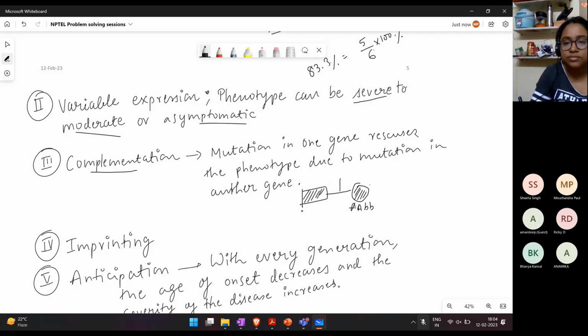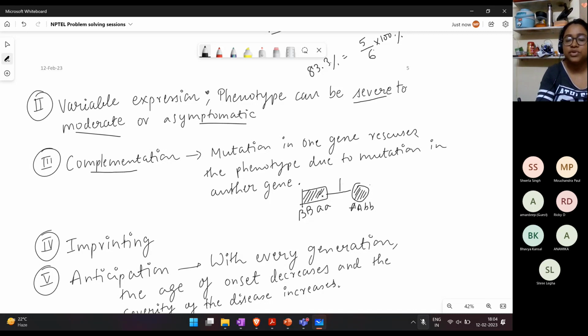He also has a particular disease, but the mutation is not present in gene A, it is present in another gene, which I am representing with capital letters, capital A, capital A, capital B, capital B.